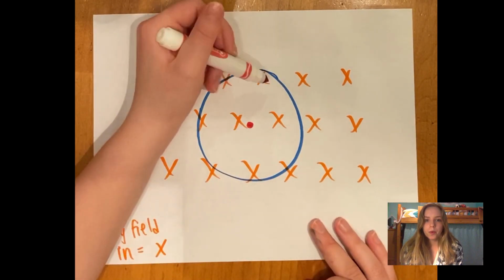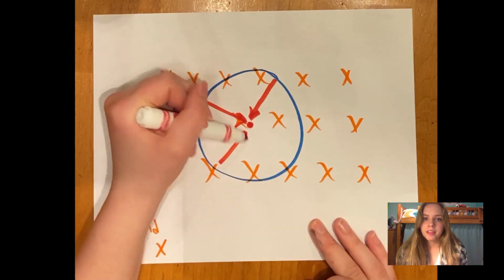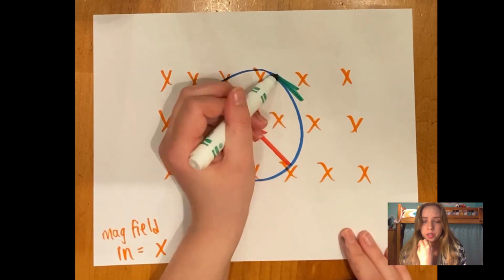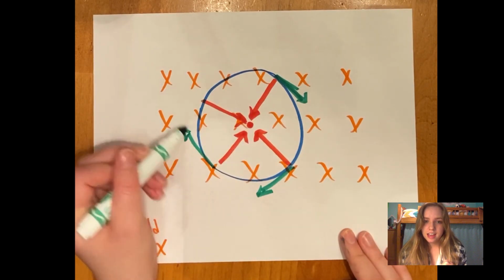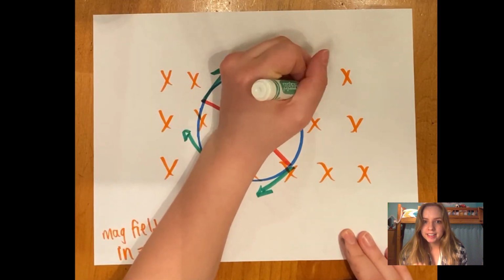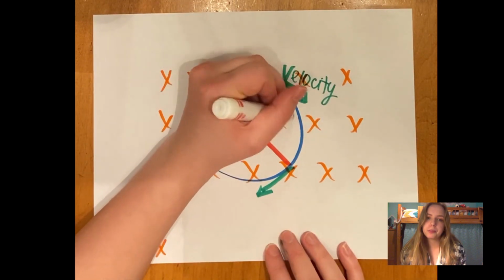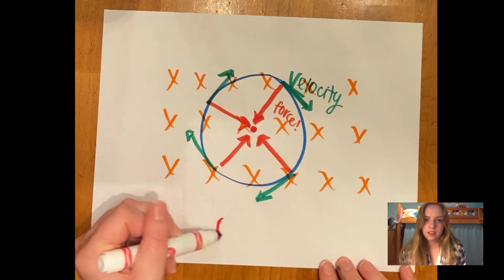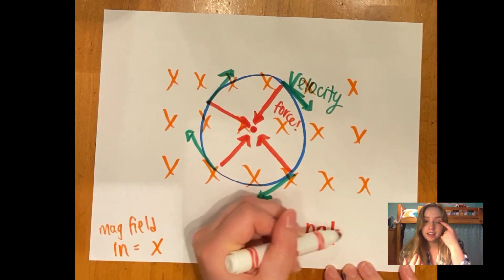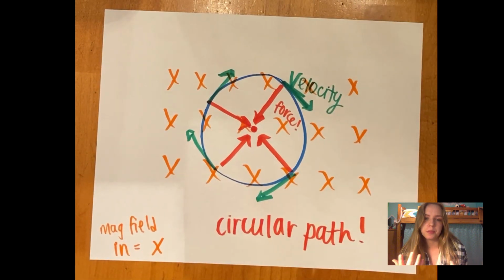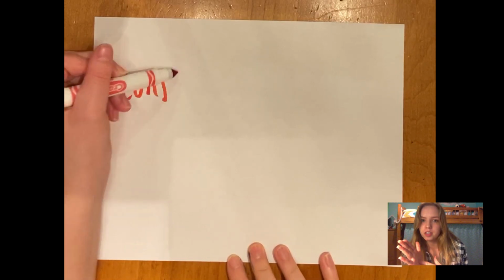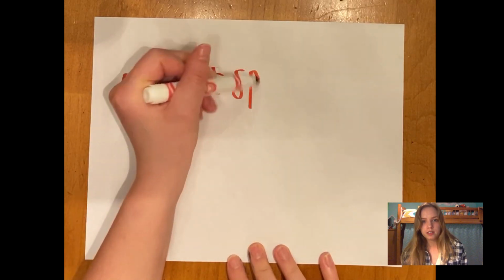So, what happens is that when the charged particle is pulled into the magnetic field, it is then acted on by the magnetic force, which will be perpendicular to its velocity. And this means that no work is being done in this situation when the velocity is perpendicular to the force.